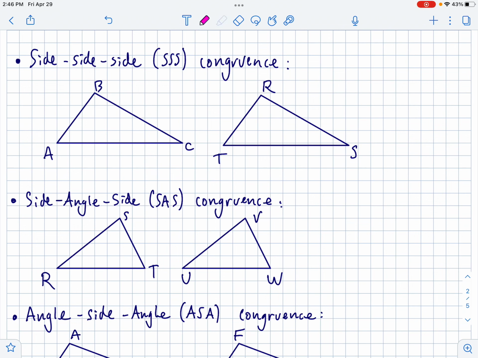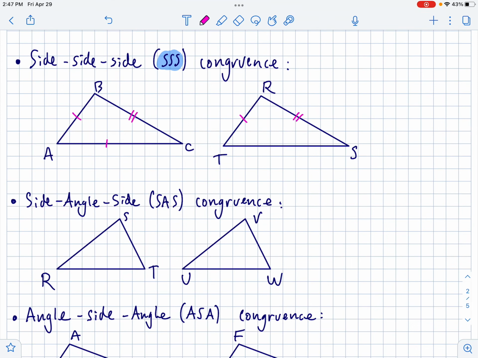The first one is called side-side-side, or more commonly, a lot of people call it SSS. So this means that this side is the same as this side, this one is the same as this one, and then the third one also matches up. So if you have all three sets of sides congruent to each other, then the angles must be congruent as well.